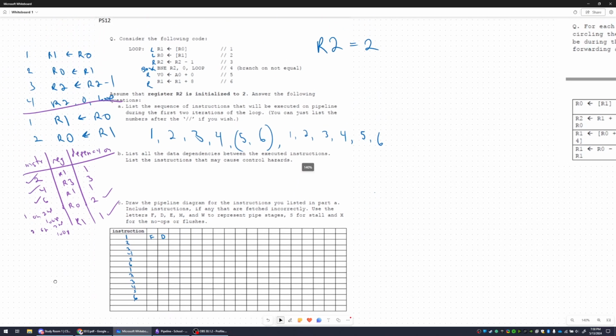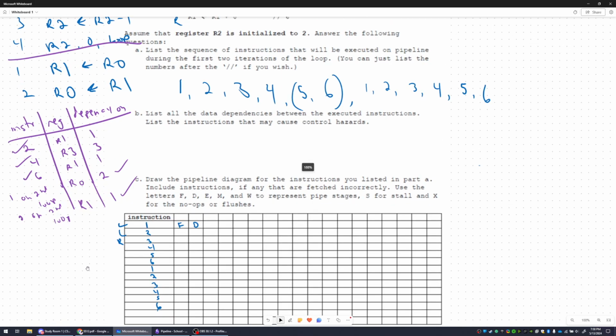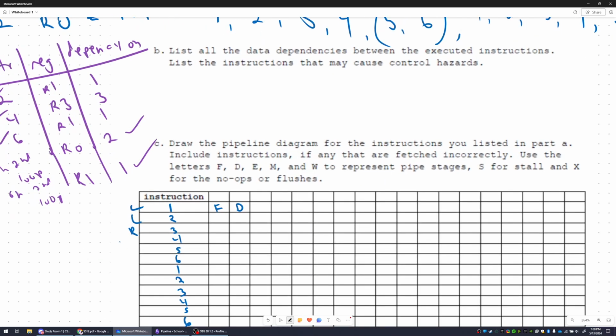I should probably write down what each one is. So this is a load, R type, branch, and R. Branch, R, load, R type, branch, R.